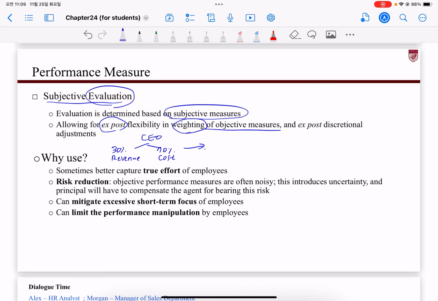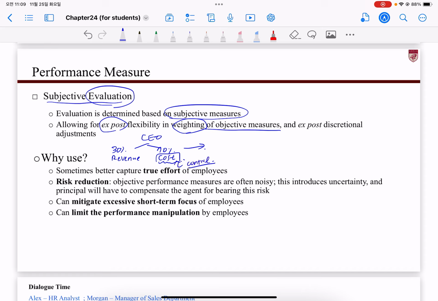But for some odd reason, let's say in that year, there was something big where they weren't able to control costs. So there were many portions of the cost side that they weren't able to control.